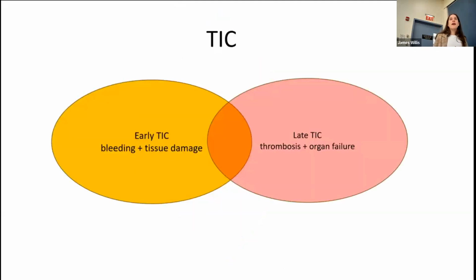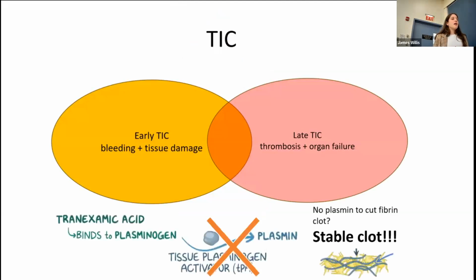Studies have shown that in trauma-induced coagulopathy, there's an early and late stage. The early stage is typically characterized by bleeding and tissue damage. The late stage is typically thrombosis and organ failure. So when do we actually use TXA? It's an antifibrinolytic agent, and it's preventing the breakdown of clots.